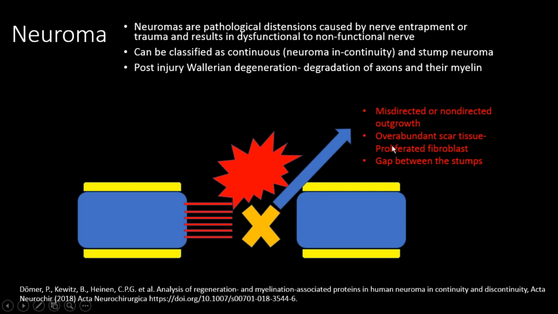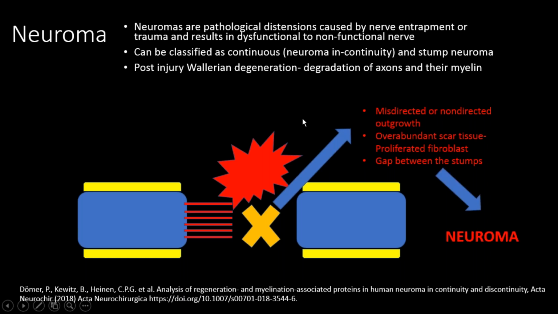There may be overabundant scar tissue, which can interfere with nerve healing, and the overabundant scar tissue is basically proliferated fibroblasts in that area. Or there may be a larger gap which is not easy for axonal sprouts to reach the distal stump. So all these factors, misdirected or non-directed outgrowths, overabundant scar tissue, and increased gap between the stumps cause neuroma development.